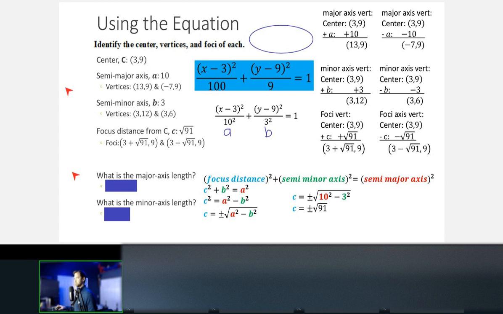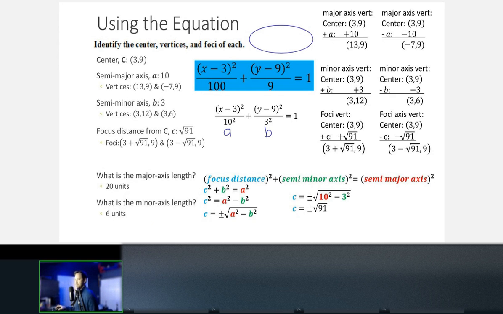There's all the parts. We found A, B, C. We found the vertices, and we found the focal points. Oh yeah, and then just for fun, what's the major axis length? 20. What's the minor axis length? 6. Yes. Very good. Right.